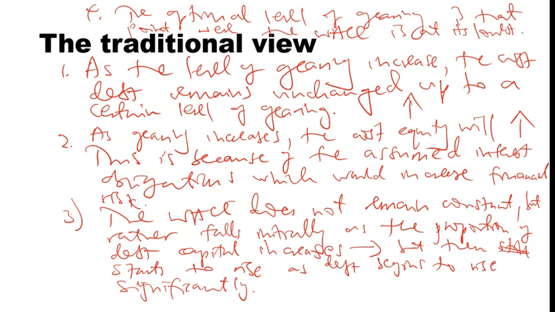Remember, we said that initially the WACC falls as we continue getting geared. So initially as we increase our gearing, the WACC falls, up to a certain point when our gearing becomes so significant that the WACC starts to rise. All right, so let us show this graphically.